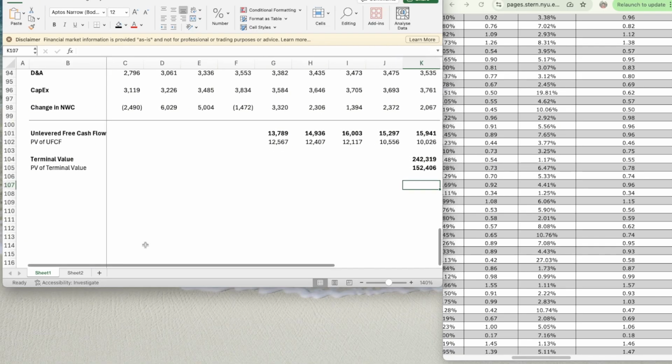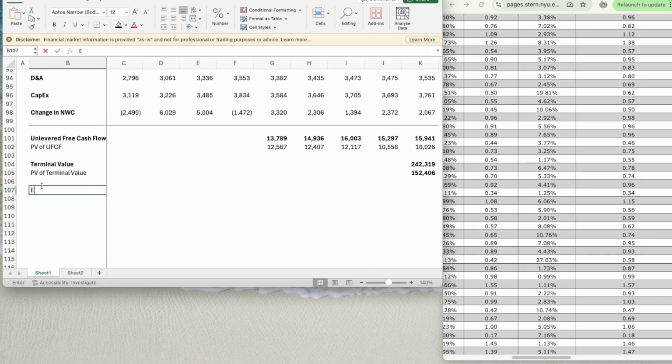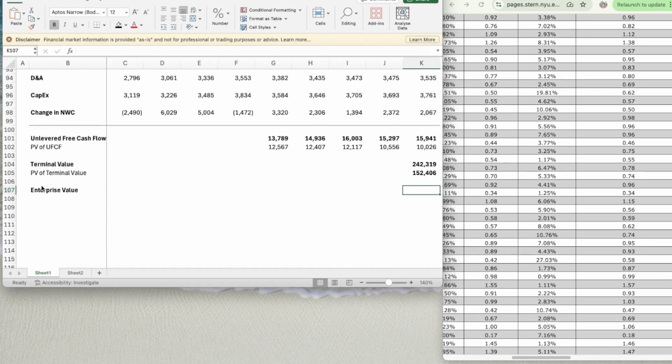Now we want to find the enterprise value, and that is done by sum. You take the present value of the terminal value and the present value of the free cash flows forecasted, and we get that as being 21079. Then we're going to work out the equity value next.